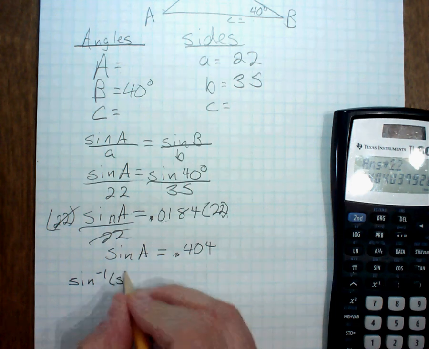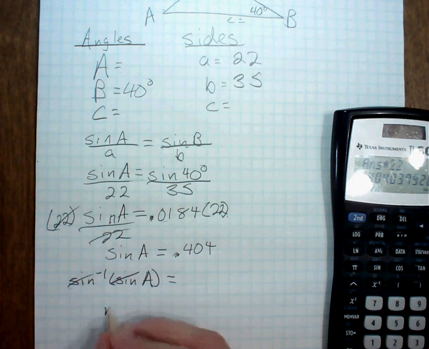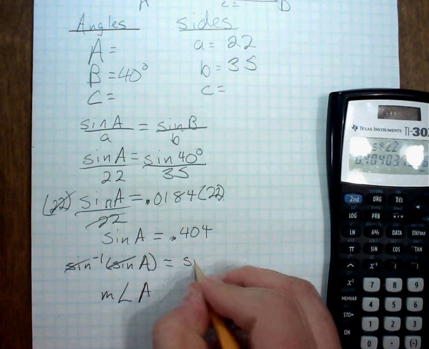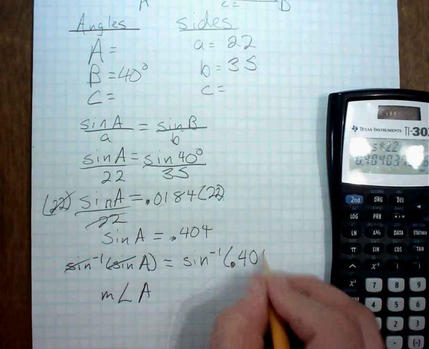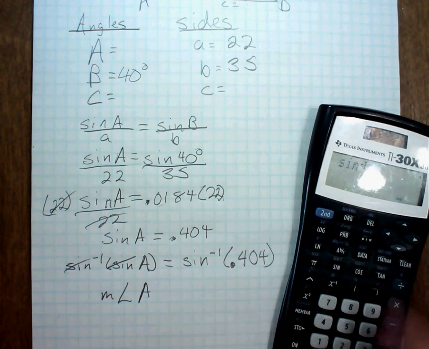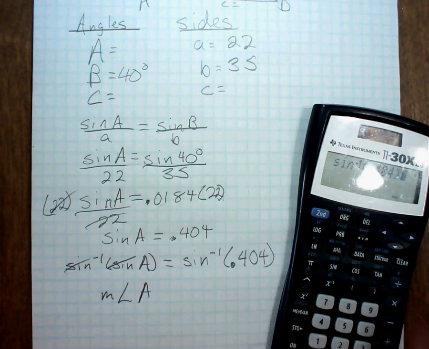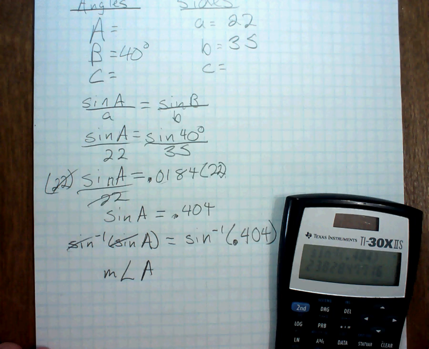That'll cancel and give me the measure of angle A. But remember, whatever I do to one side of the equal sign, I have to do to the other. So now I'm just going to take the sine inverse of that last number, 0.404, and see what I get. And I get 23.8.